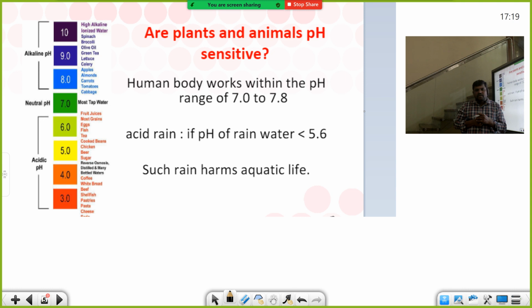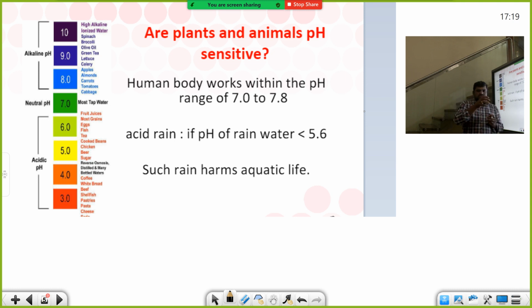Sulfur dioxide dissolved in water forms sulfurous acid, H2SO3. Sulfur trioxide, SO3, mixed with water forms sulfuric acid: SO3 plus H2O gives H2SO4. Again, nitrogen dioxide dissolved in water forms nitric acid. Of course, nitric oxide also gives nitric acid.